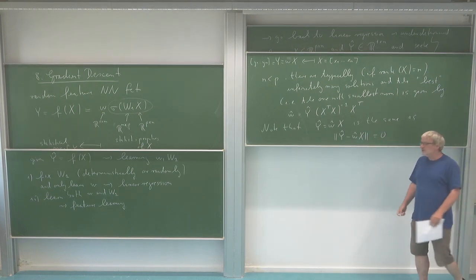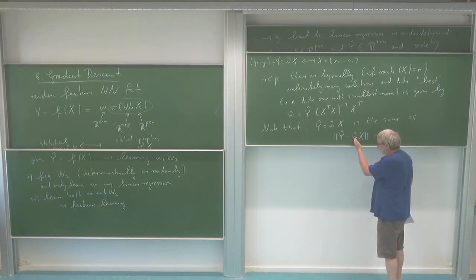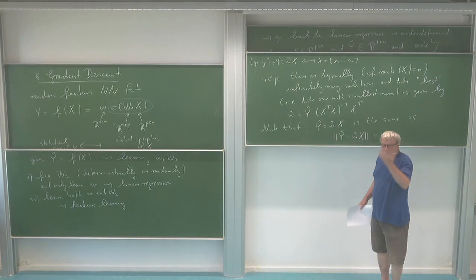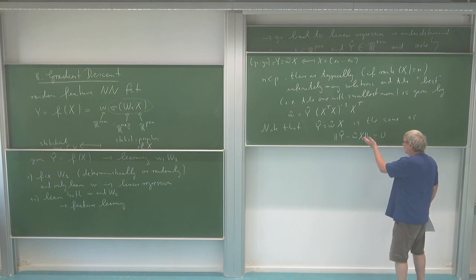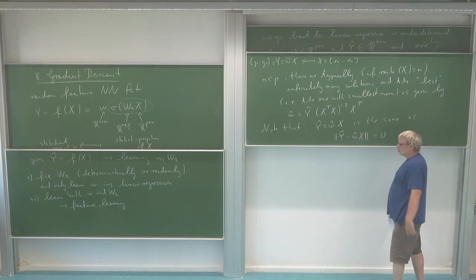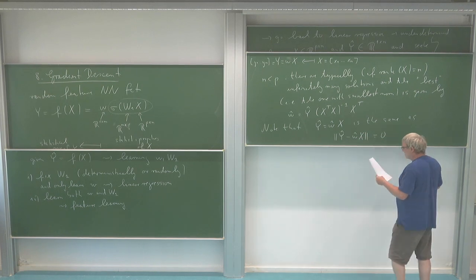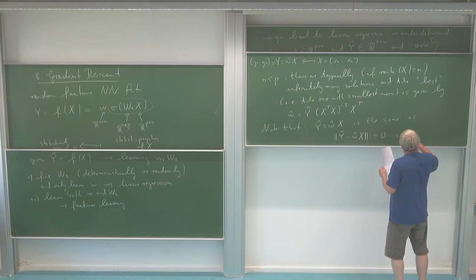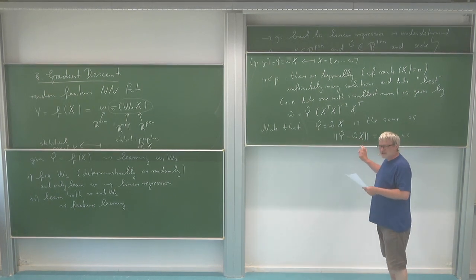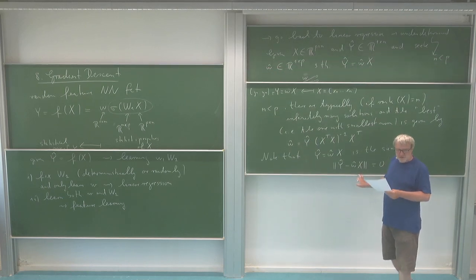This means that W hat minimizes the value of this quantity, because the norm is always greater or equal to 0. So if I found a value where it is 0, it means that this minimizes this. So this means my W hat minimizes this quantity here. So actually we have a minimization problem.